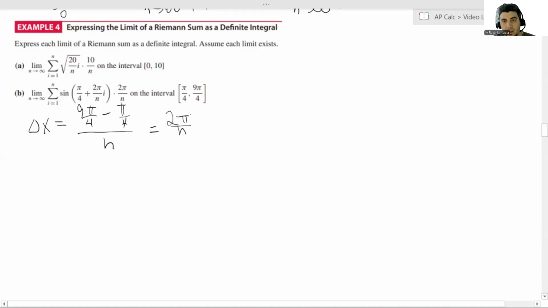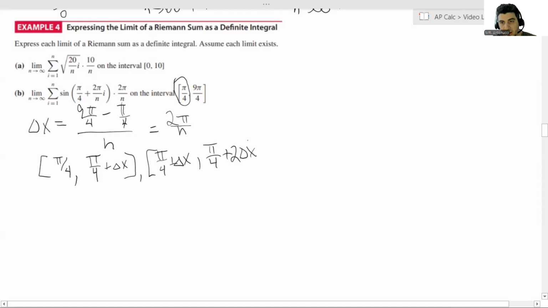Then, since our interval begins at pi over 4, let's write a couple of the subintervals out. The first is going to be pi over 4 to pi over 4 plus delta x. And then the next one's going to be pi over 4 plus delta x, comma, pi over 4 plus 2 delta x, and so forth and so on.